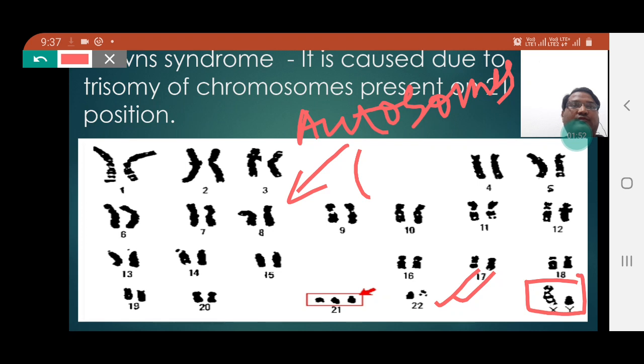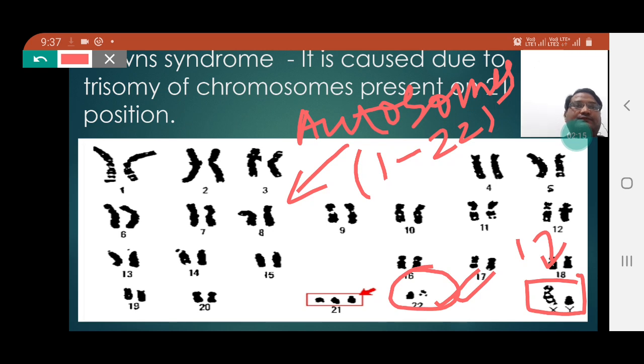This autosome ranges from chromosome number 1 to 22, which you can see here, and only one pair of chromosomes here determines the sex of the individual, and that is why it is called the sex chromosome.